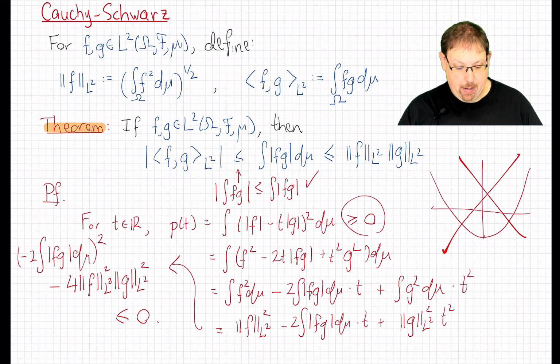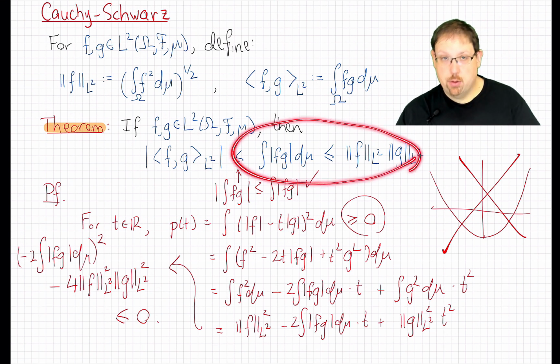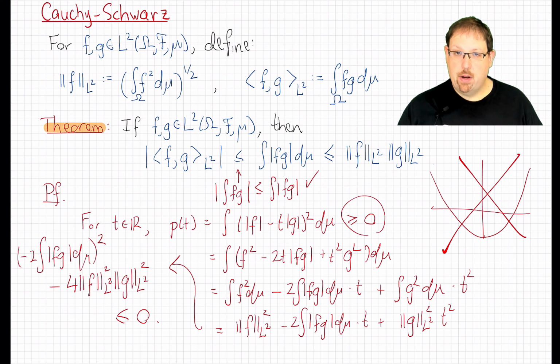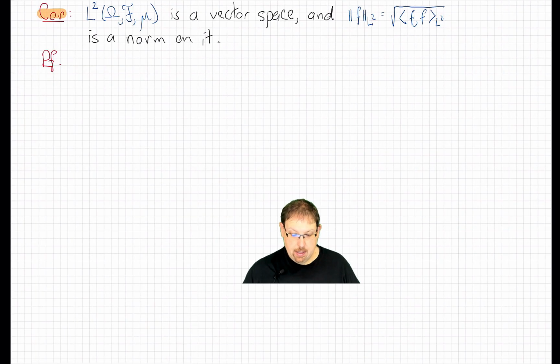Well, if you expand that out, divide through by 4, and take square roots, what you're left with is the Cauchy-Schwarz inequality. Now, a nice corollary to that is that L2 is actually a vector space, and the L2 norm is genuinely a norm. Let me note that I've written the relationship between the norm and the inner product here.